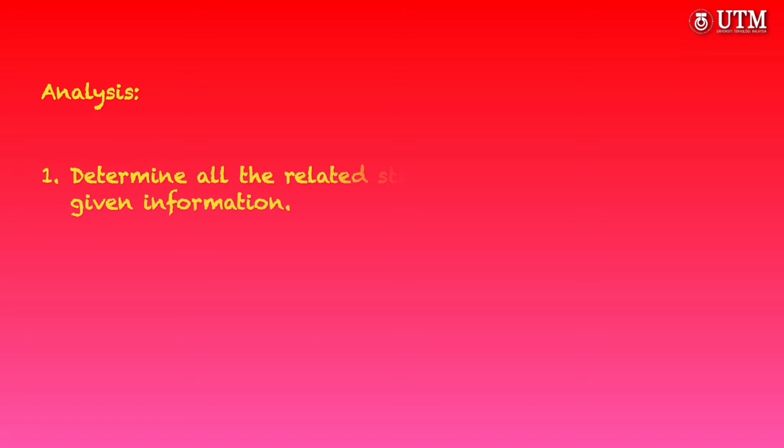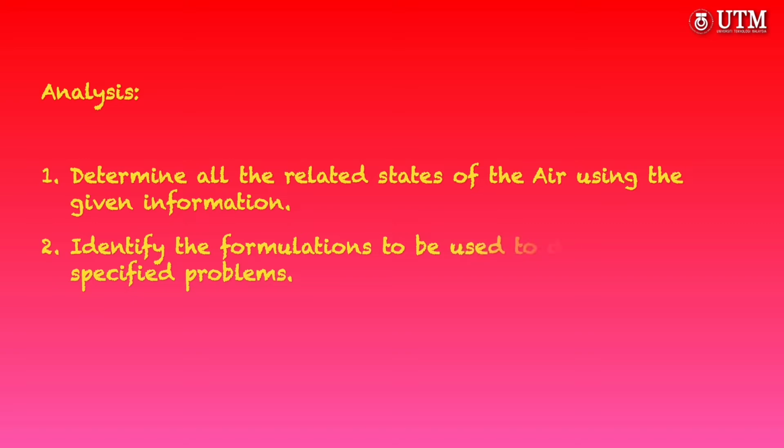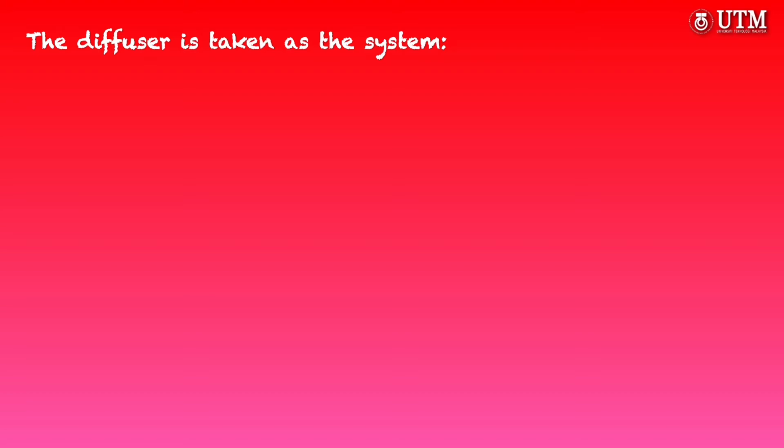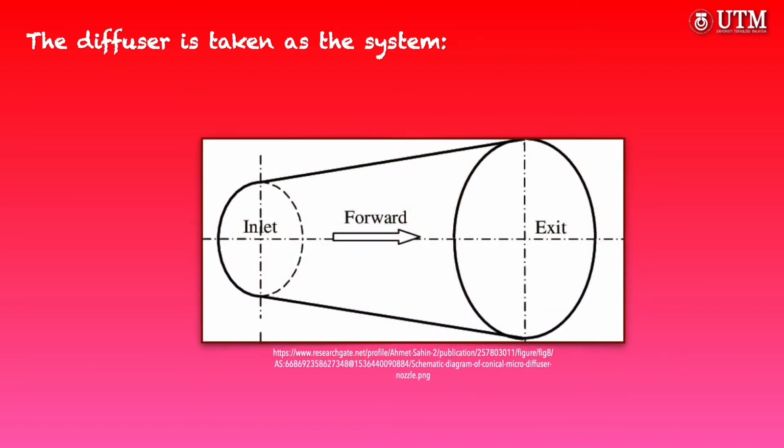We must first determine all the related states of air using the given information and establish the equations to be used to determine all the specified problems. The diffuser is taken as the control volume since mass crosses the system boundary during the process. The system has only one inlet and one exit. The inlet area of the diffuser is 0.4 square meters.